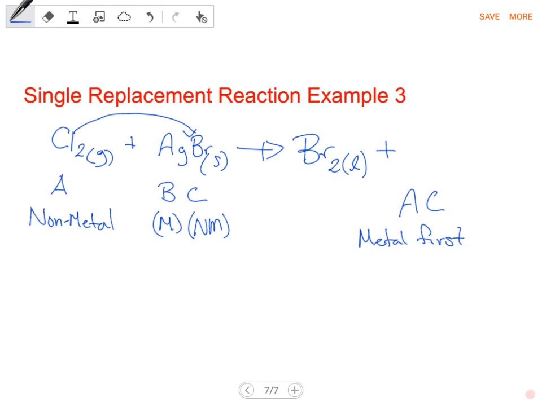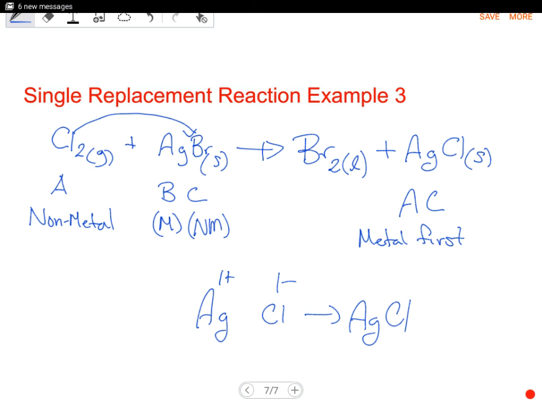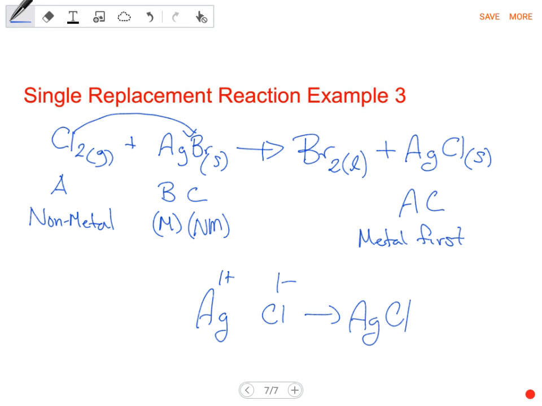So it should be AgCl. I'll even give you the state of matter. It's solid. Let's double check that charge. Ag is 1 plus, Cl is 1 minus. Yep, AgCl. Perfect. That is a complete simple replacement reaction. We will need practice with this, and we'll go from there. Thanks.